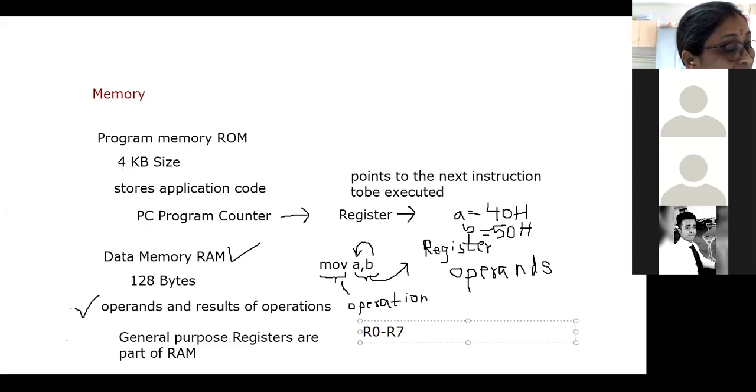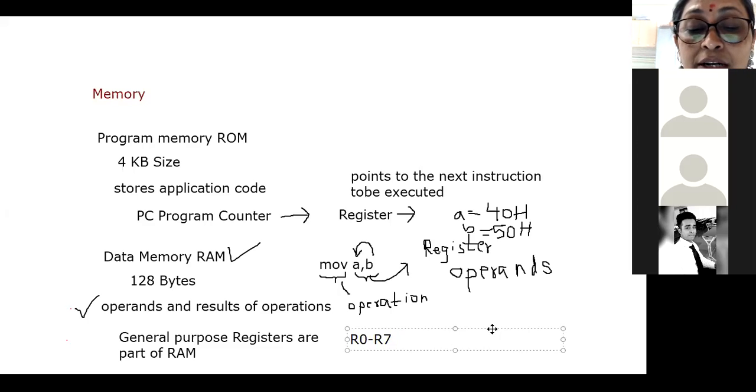Now, what is the function of a general purpose register? As its name implies, it can be used for anything by the programmer. So the programmer has the flexibility to use these general purpose registers any way they want. General purpose registers are part of the RAM.